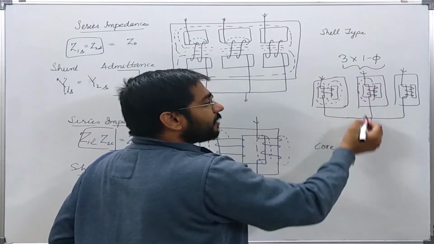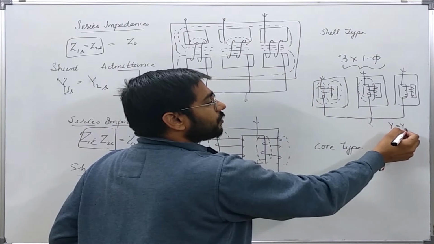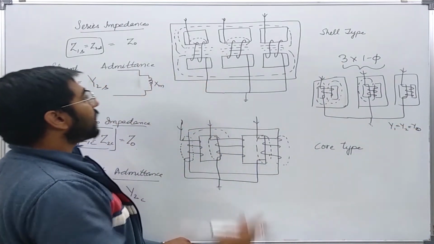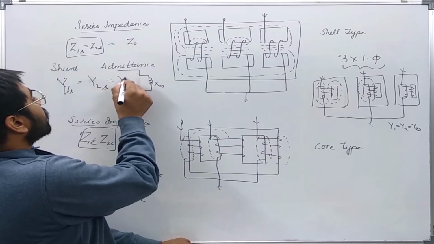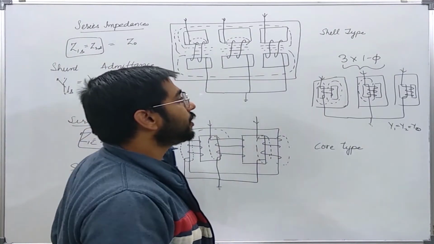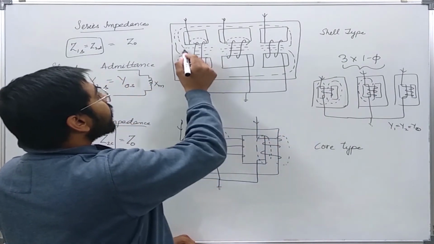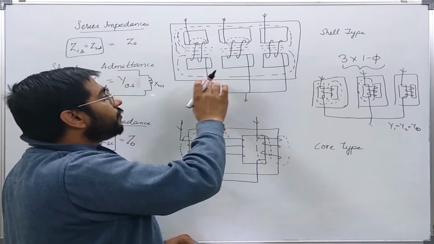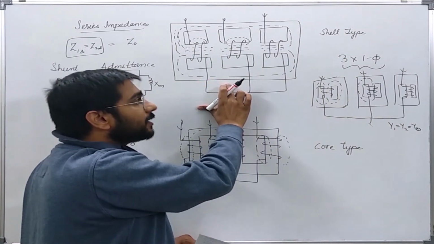So again, y1 is equal to y2 is equal to y0. Similarly, the case is the same for this also. However, there is a little difference. What is that difference? You see that the iron path in a shell type transformer will be saturated very fast.